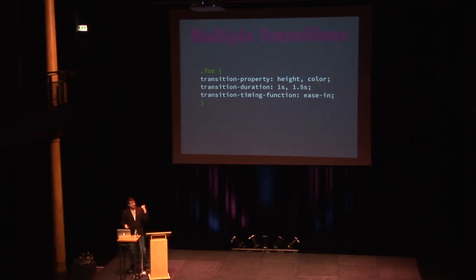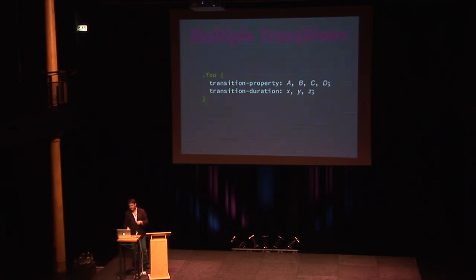That's not actually exactly the same as the slide I've showed you before. This time I've only put one value for transition timing function. If you supply a lesser number of values on any of these properties, they basically loop through them. So in this case, the ease in will be applied to both transition properties over both transition durations. But you can do some quite clever stuff with that looping.